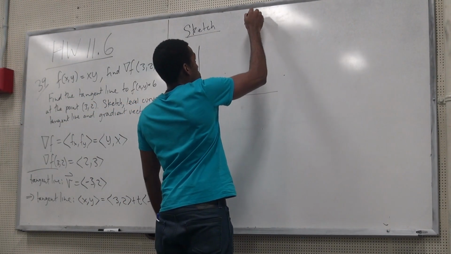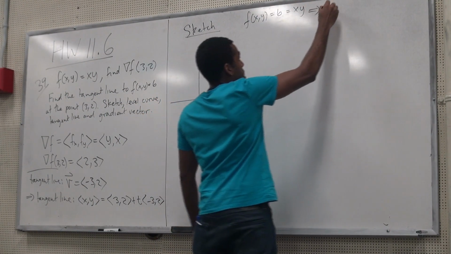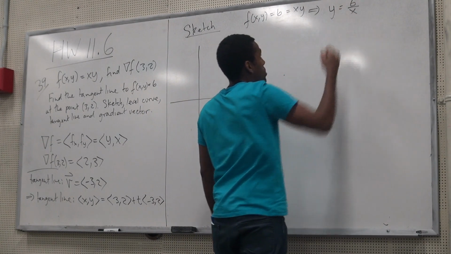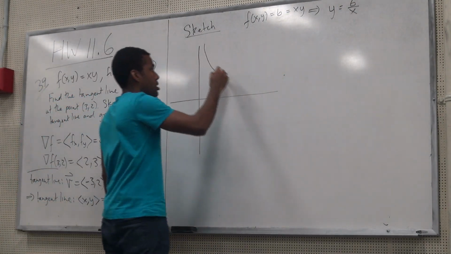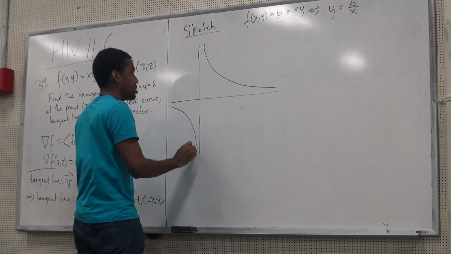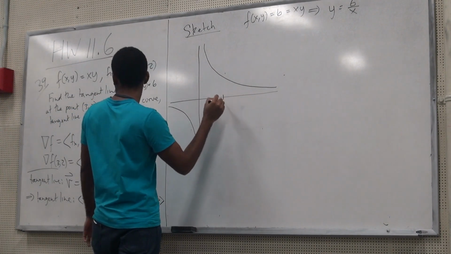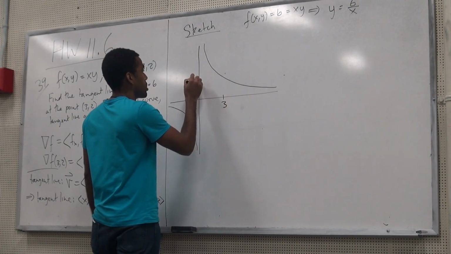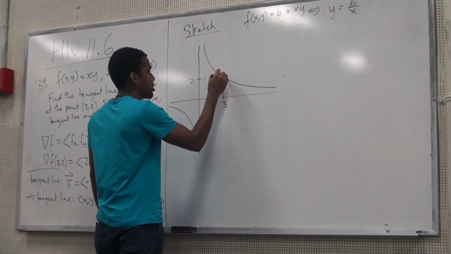So remember that f of x, y equals 6, which is equal to xy, which means I can say y is equal to 6 over x, right? So it looks like this. That's our level curve. We are at the point 3, 2. So that's our point.